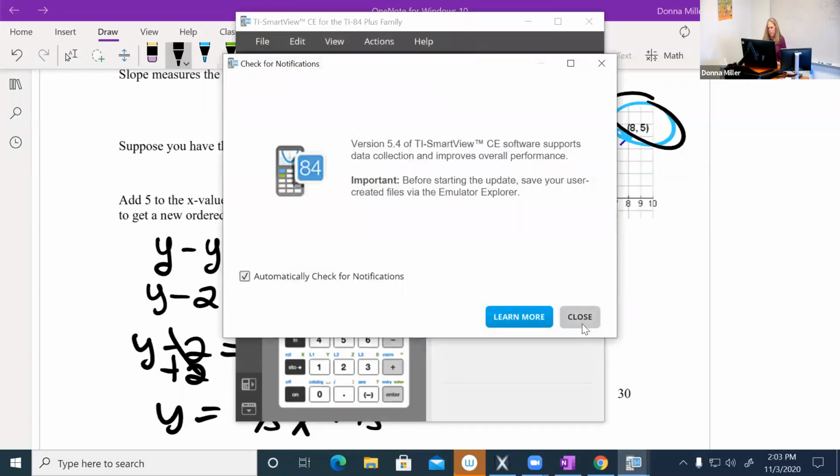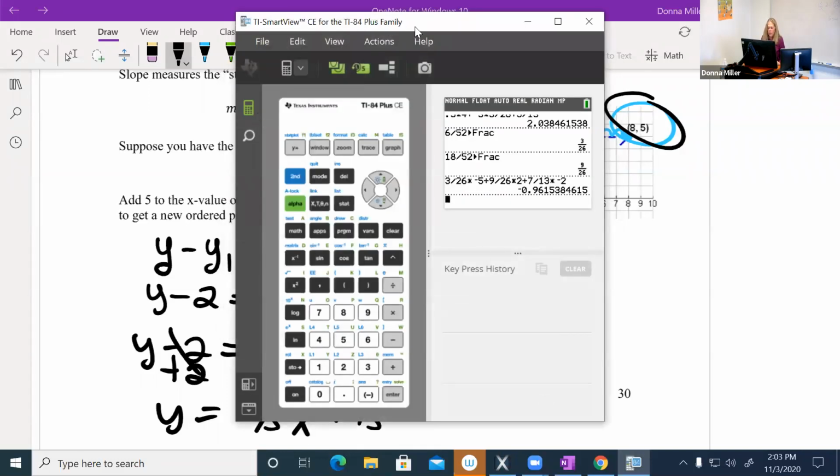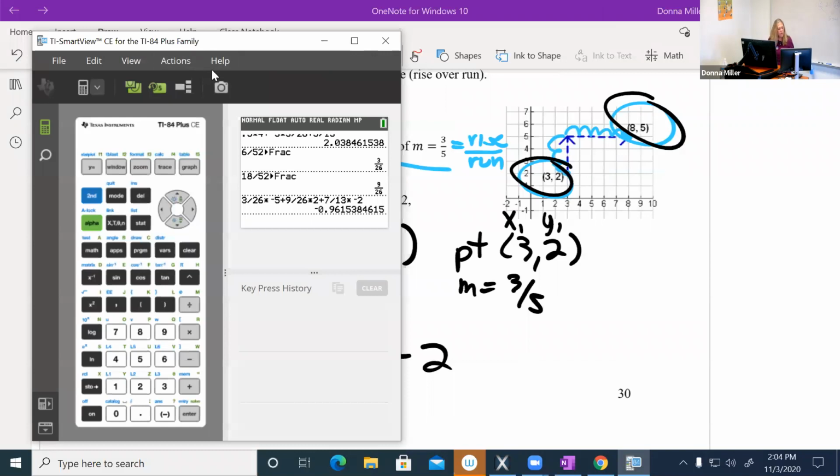So there's my calculator. If I plug the 2 points that I had, which were 3, 2, and 8, 5, into the calculator, it can find the equation of the line.